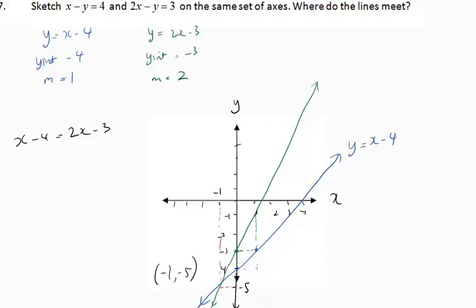So we move our x over, 2x minus x here is equal to minus 4 plus 3. So we end up with x is equal to minus 1, which is our value here. And substituting into our equation, y is equal to x minus 4, y is equal to minus 1 minus 4, y is equal to minus 5 is our value here.